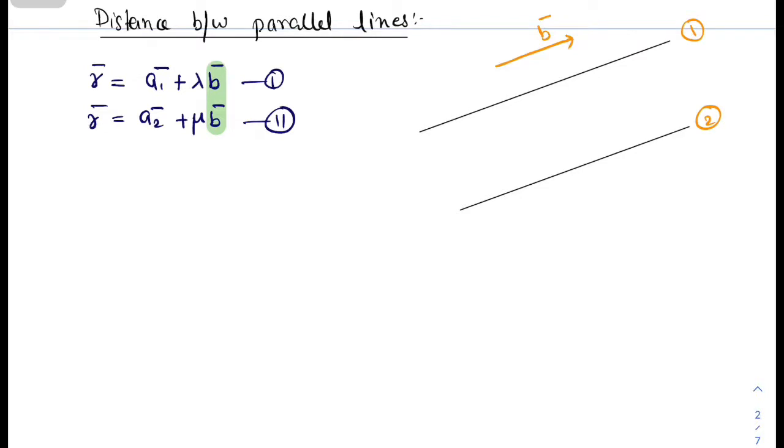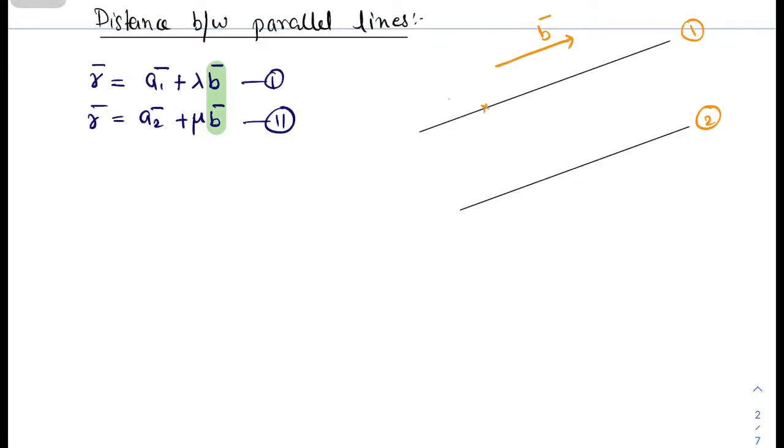Okay, so we are about to find the perpendicular distance, let's say this distance, between these two lines. Let's say this is the point a, this is the point b, we are required to find this point a and b. So let me consider it this way.